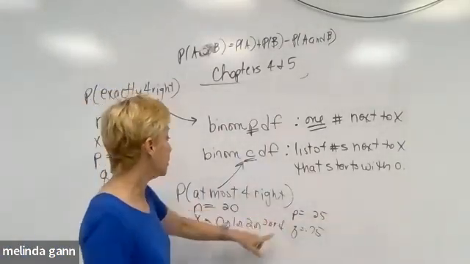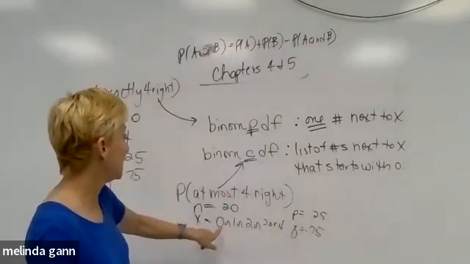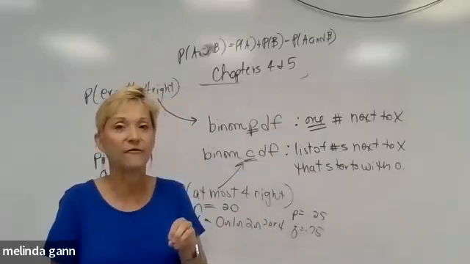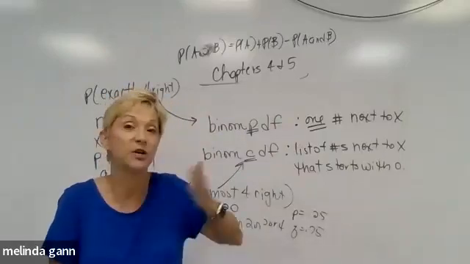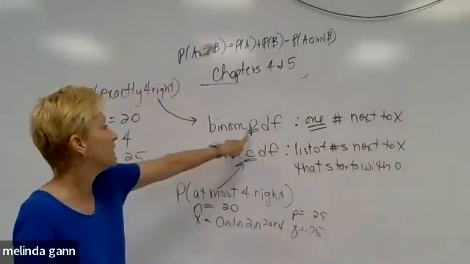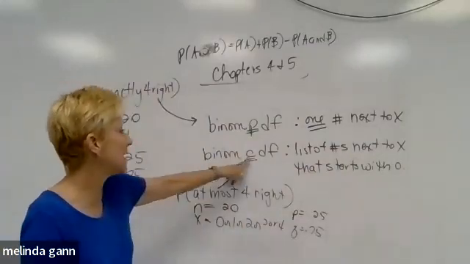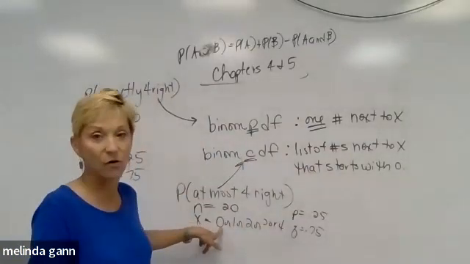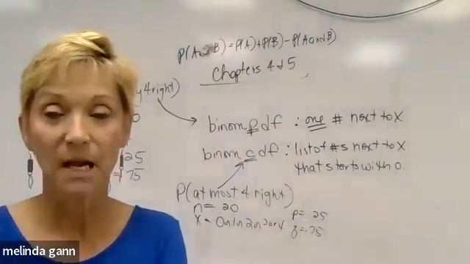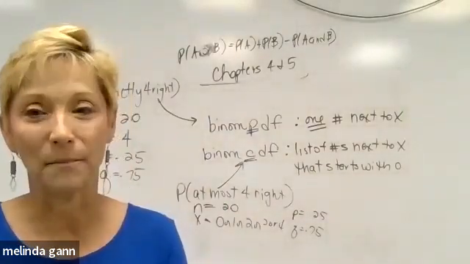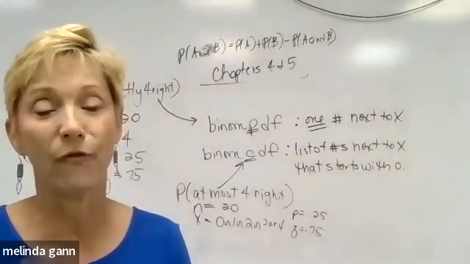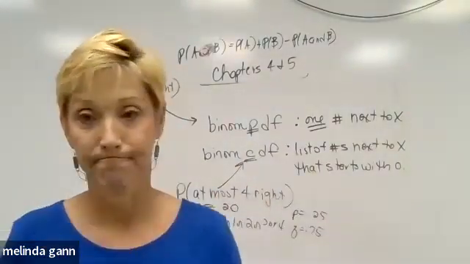Or you could do this P key for 4 and get that answer and save it, and then do the P key for 5 and save it, and do it all the way to 20 and then add them up. But just make sure you know the P key is for when you have one number, the C key is when you have a list that starts with 0, and the video will tell you what to do if you don't have either one of those. Okay? And then make sure that you can find the mean, the standard deviation, and the variance for a binomial word problem. And again, that formula is on your sheet. Okay?